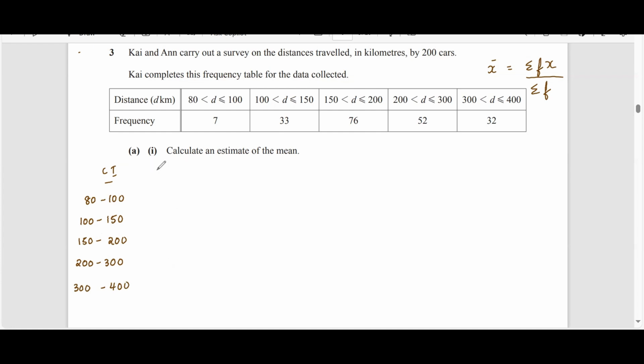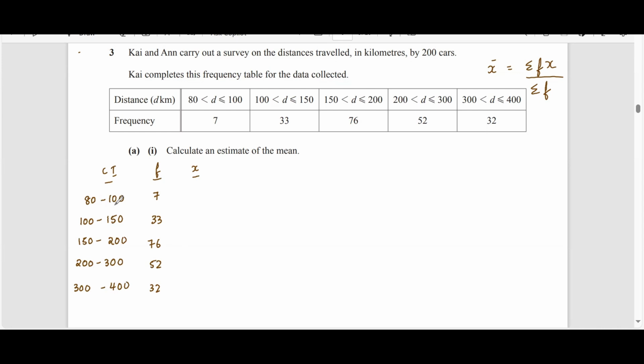The frequency is also mentioned, so let's write down the frequencies: 7, 33, 76, 52, and 32.